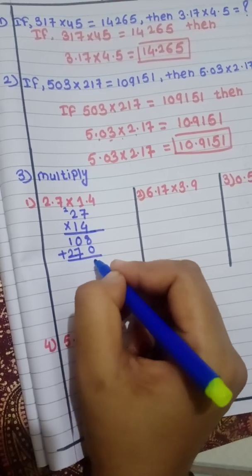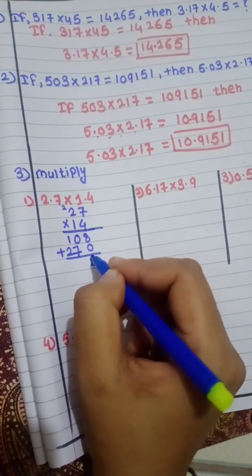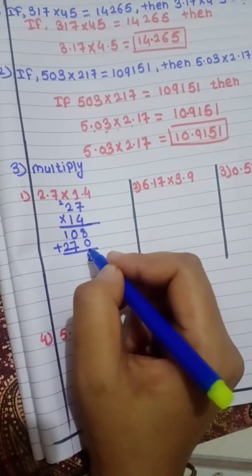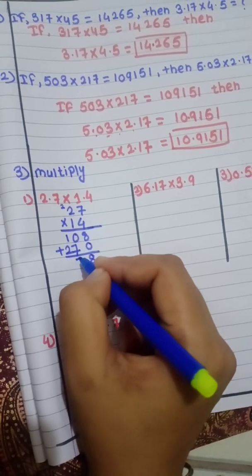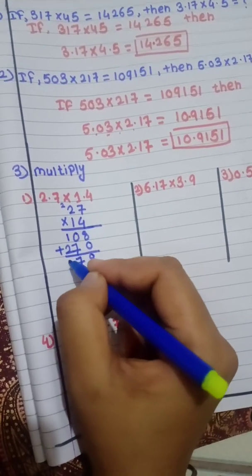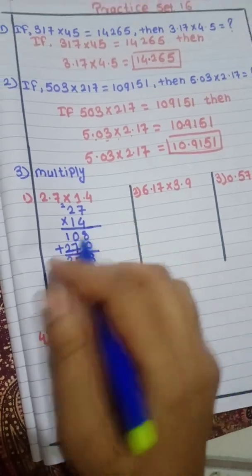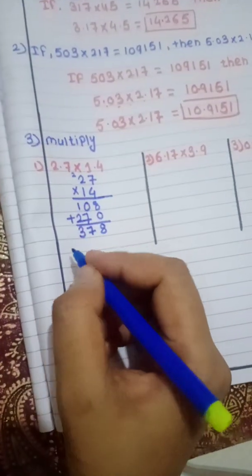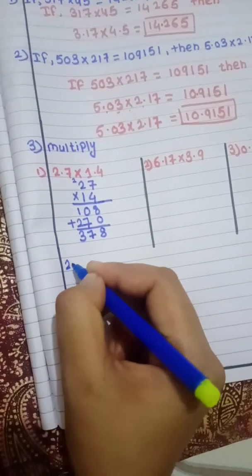Then I have to add it. 8. Then 7 plus 0, 7. 2 plus 1, 3. So the answer is 378. But I have to write it with the decimal point.